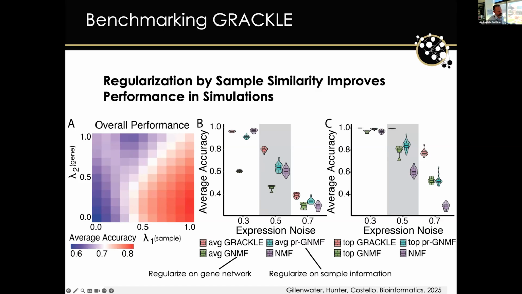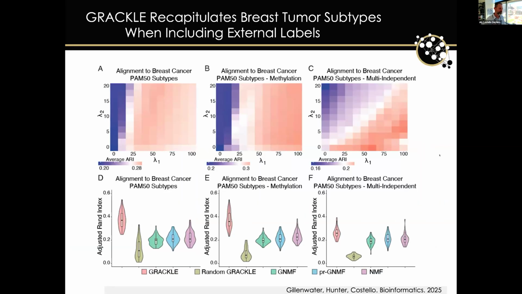So what you can see is we want higher performance. We see that even as we add in noise, we're still able to have better performance, either the average of the performance across all of these values here, or the best individual model, we're still able to replicate that input data that we talked about.